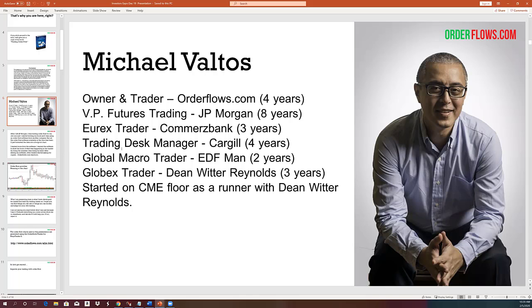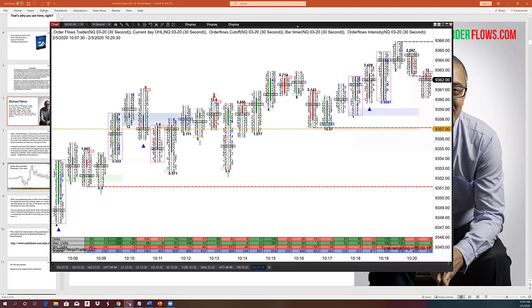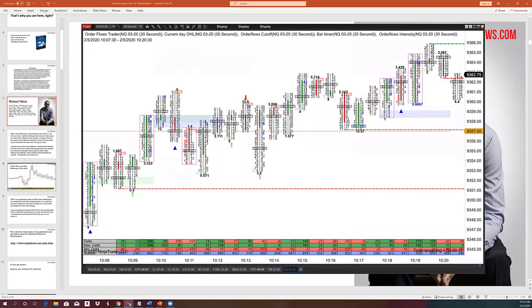And I was just trading for myself, and of course writing my book. But then I realized I wanted a computer program that would help me analyze the existing order flow. I was using order flow software out there, which just gave me a basic volume footprint chart.